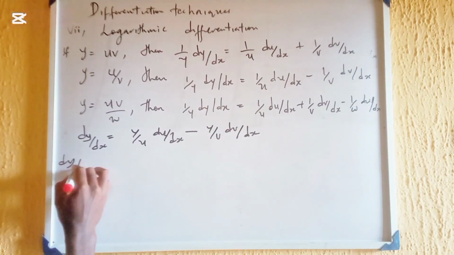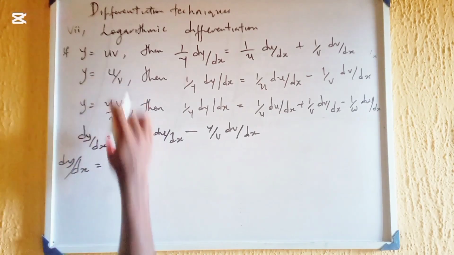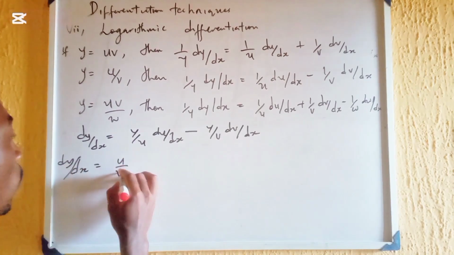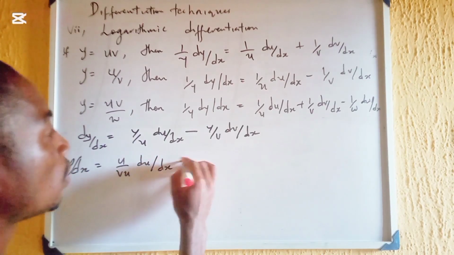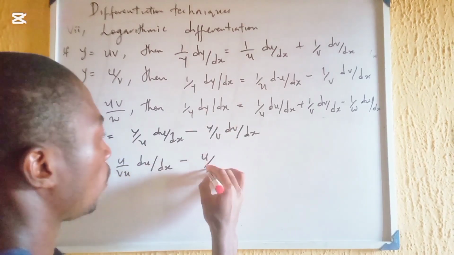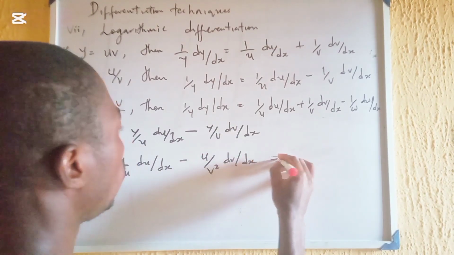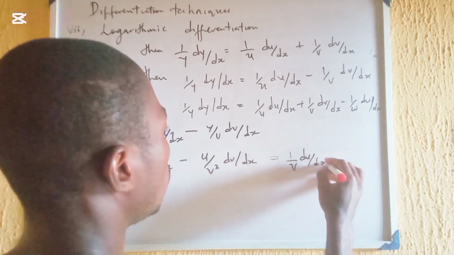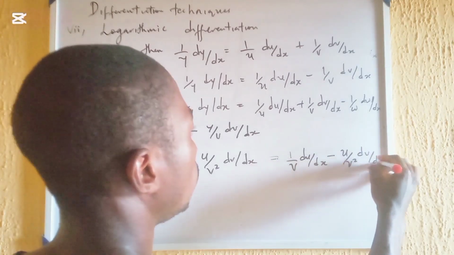So dy/dx is equal to u over v times 1 over u du/dx, minus u over v times 1 over v dv/dx. So this will be giving us 1 over v du/dx minus u over v squared dv/dx.